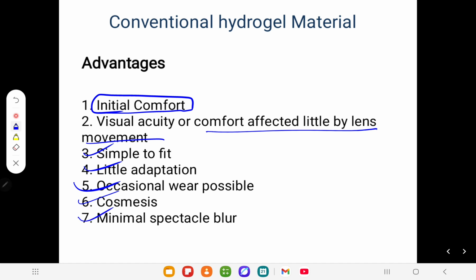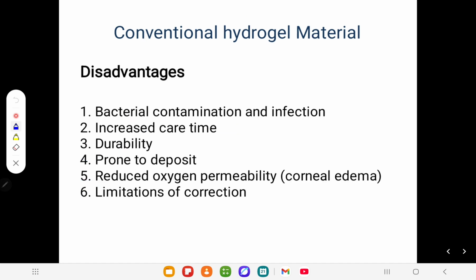Spectacle blur is mainly because of RGPs, which change the shape of the cornea. When you remove that RGP lens, sometimes your vision is blurred even with your spectacles. That's the spectacle blur, isn't it? So these are the advantages. Spectacle blur is very minimal as compared to RGP. So, what are the disadvantages of hydrogel material? Bacterial contamination and infection.